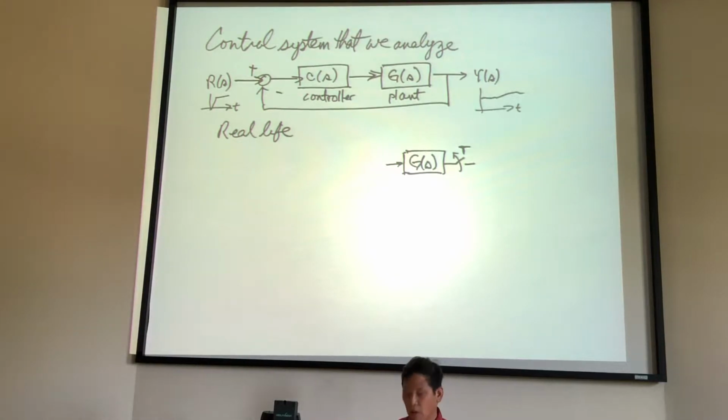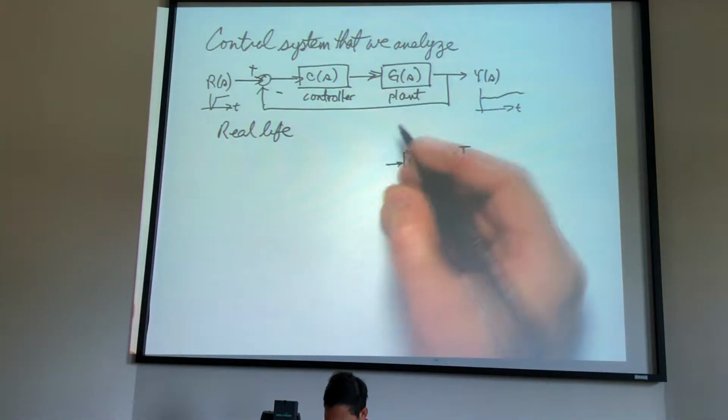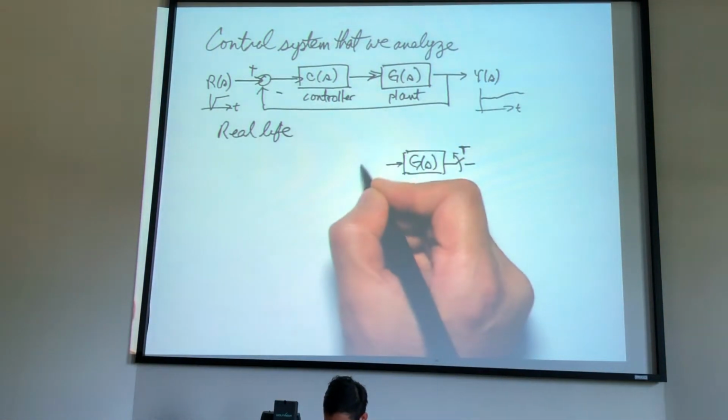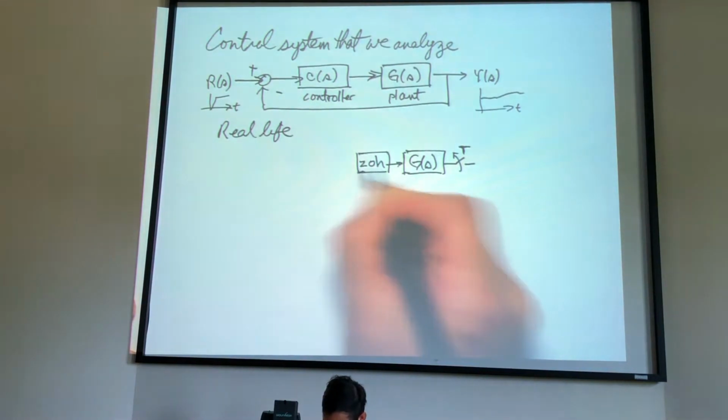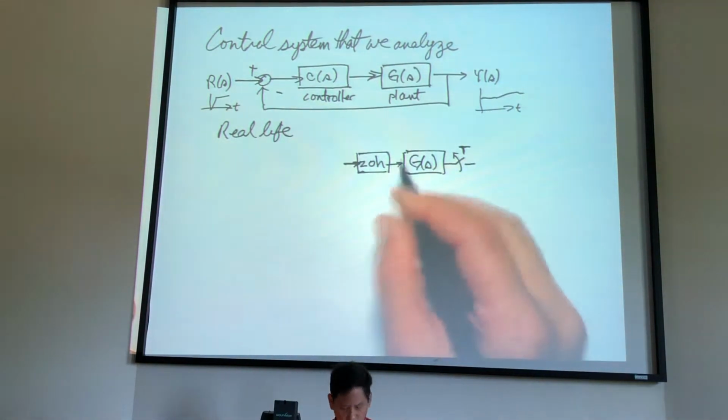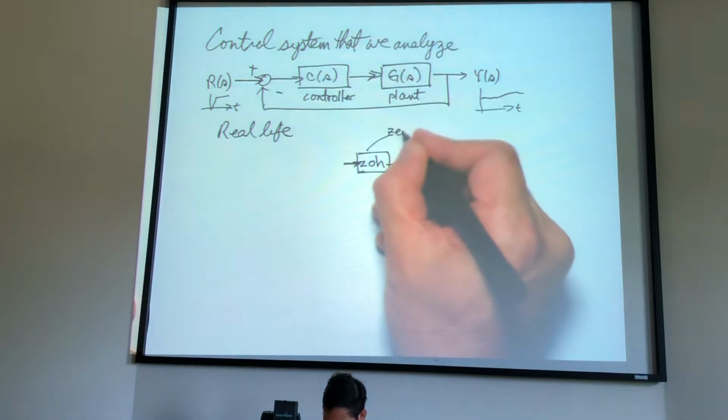Okay? And so this is what we call an analog to digital conversion. I'm periodically changing things. And so there's an A to D converter here. And mathematically, we model that as what we call a ZOH, or zero order hold.